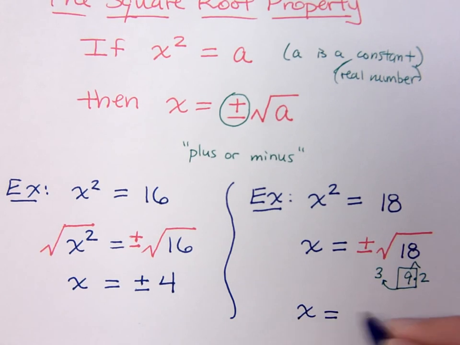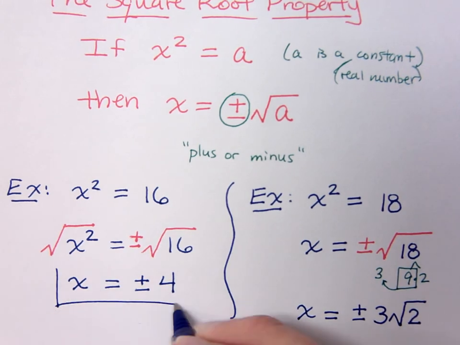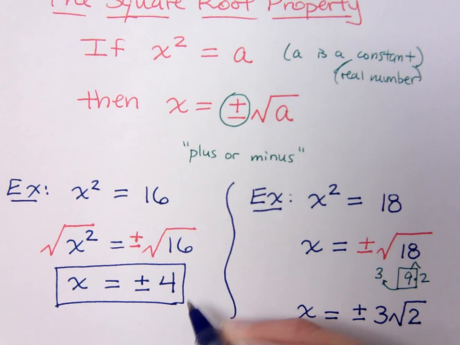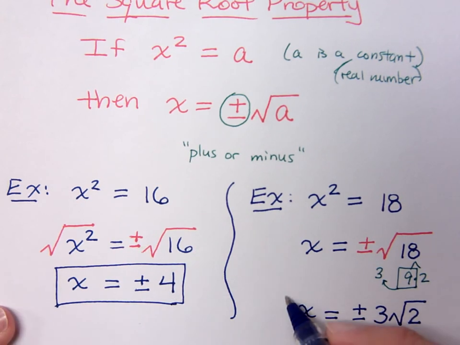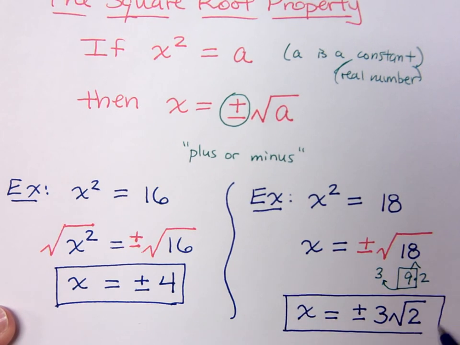So x equals plus or minus 3 comes out, and you are left with 2 inside the square root. So these are your two solutions, plus or minus 3 square roots of 2. In the last example, the square root of 16 is 4, so plus or minus 4. Over here, the square root of 18 was 3 square roots of 2, so it's plus or minus 3 square roots of 2.